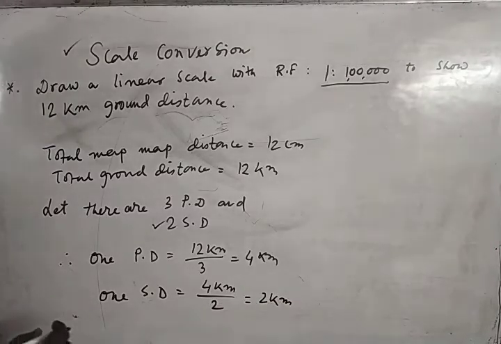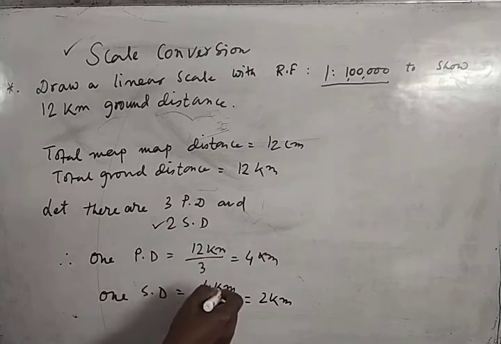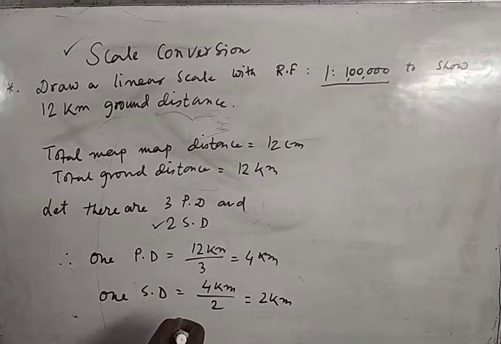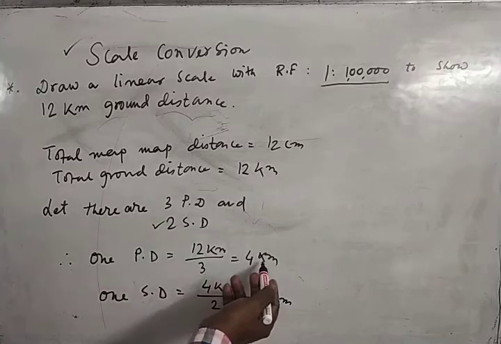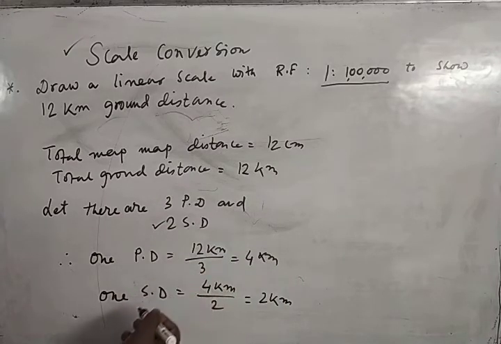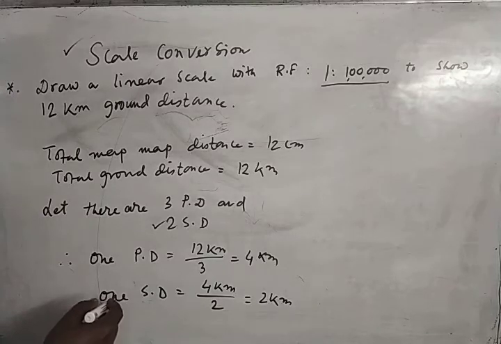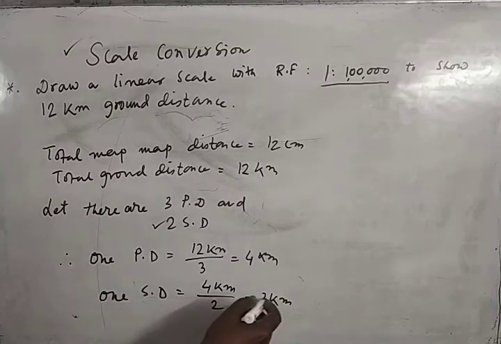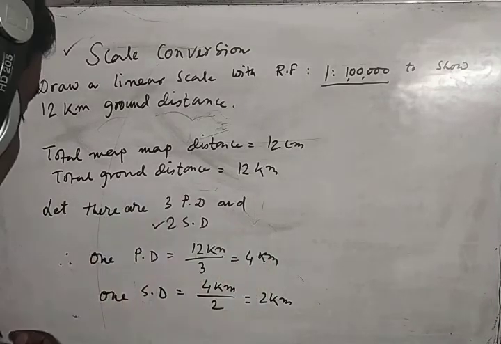Many students forget to mention this unit kilometer. They mention the value without writing the kilometer, but it is not true. So 1 secondary division is 2 kilometer, 1 primary division is 4 kilometer.